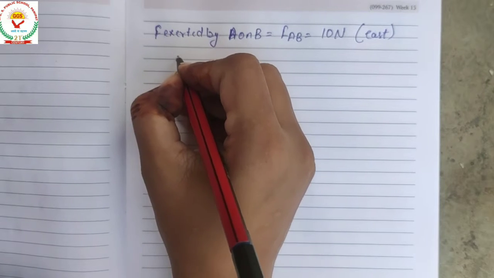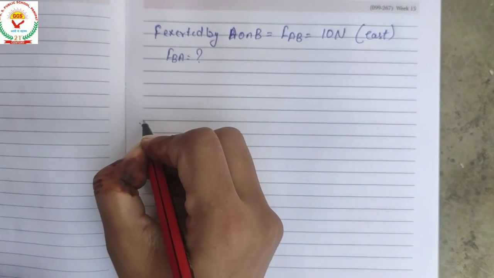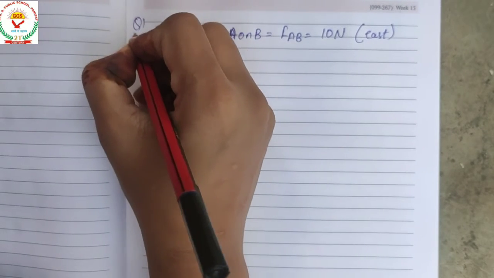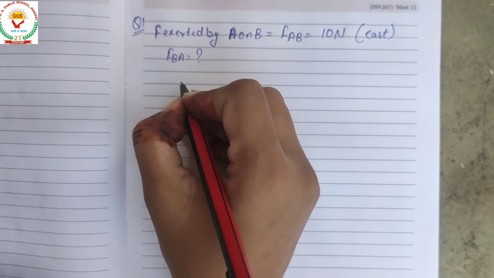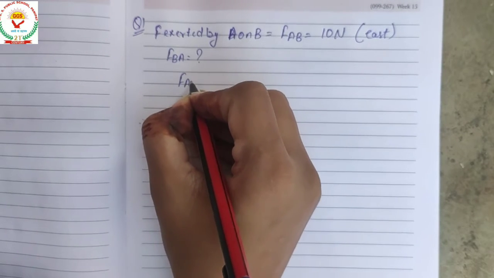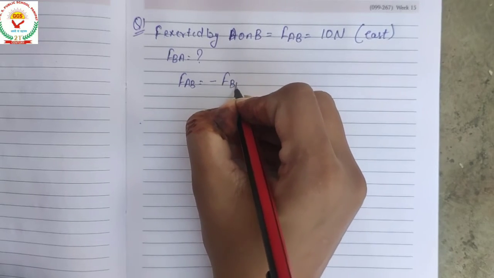Now we have to find out FBA. So according to the third law of motion, we have FAB is equal to negative of FBA.